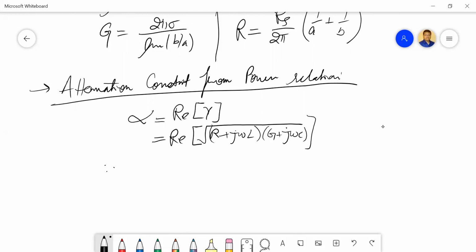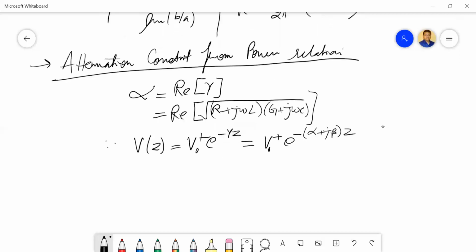Now let us say Vz is V naught plus e to the power minus gamma z. Let's say the wave is propagating in the positive z direction. If you expand this a little bit, you can rewrite it as V plus e to the power minus, and this gamma you can replace with (alpha plus j beta) z. These things we have seen.